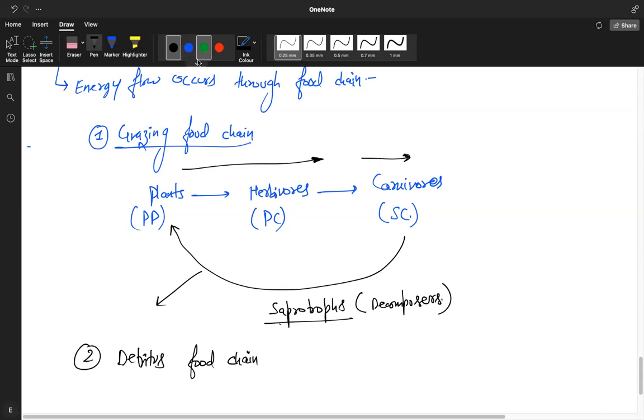Is it clear, everyone? The blue one is the grazing food chain and the black one shown is the detritus food chain. Okay. Is it clear, everyone? Yes, sir. So there are two kinds of food chains that we have to keep in mind.